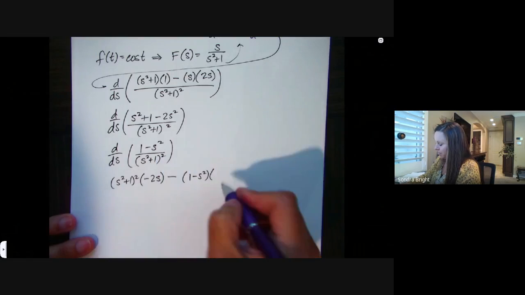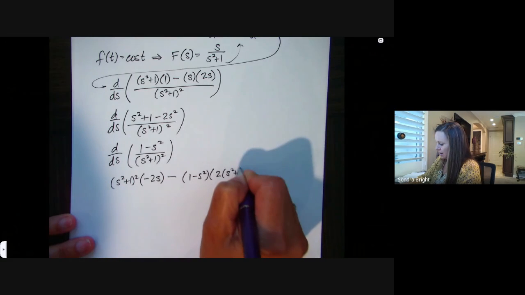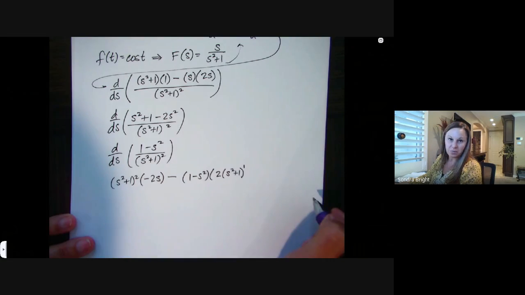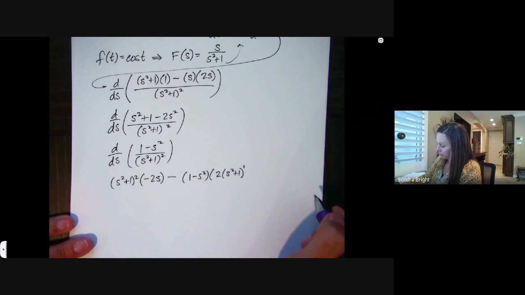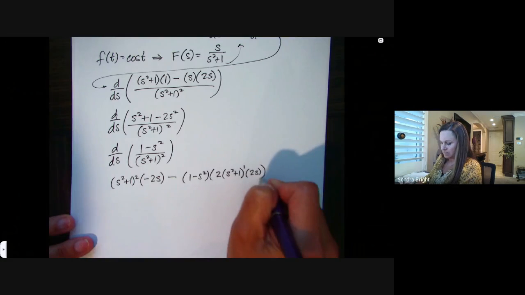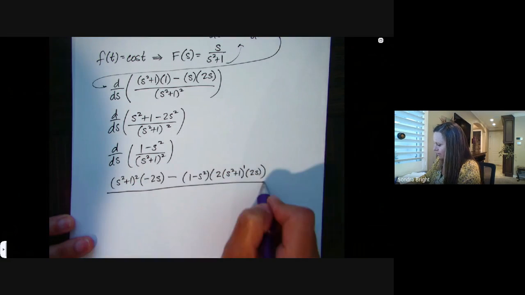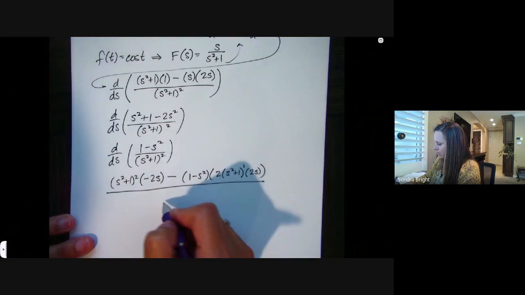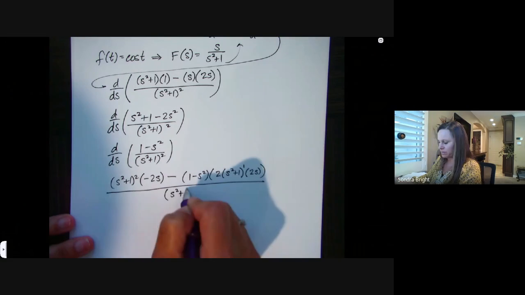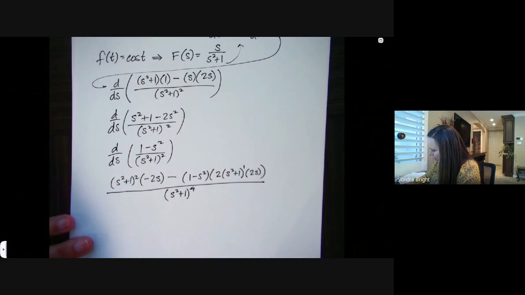Well, that would be a pop and drop, so a 2 times s squared plus 1, now to the power of 1. But then chain rule would say go inside there and take the derivative of the inside, which would be a 2s. And that's all over the bottom squared. So s squared plus 1 squared squared, so to the 4th. Maybe I should write it twice, squared and then squared.